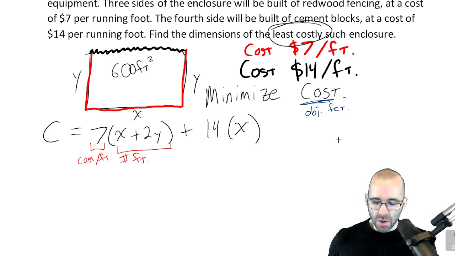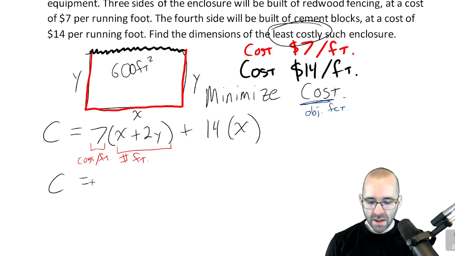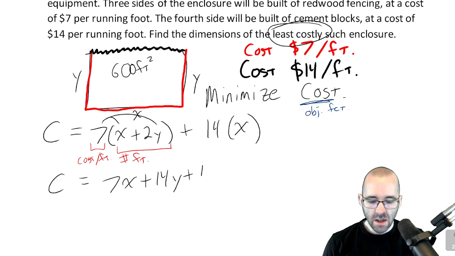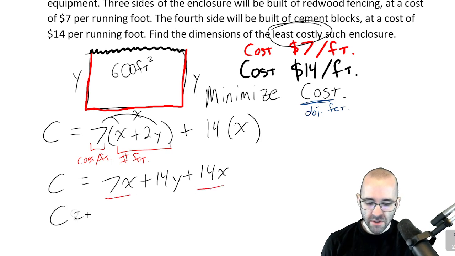So let's simplify by distributing. We're going to have 7x plus 14y plus 14x. And now we can collect like terms. Our cost function is 21x plus 14y.